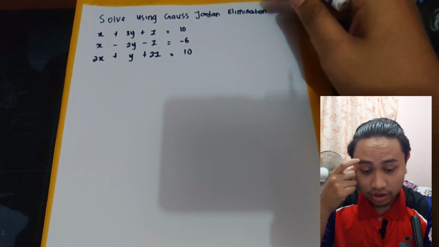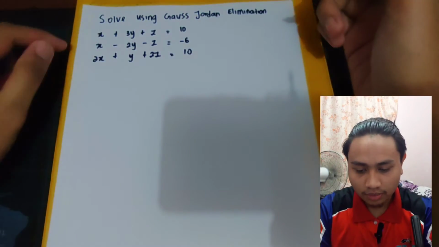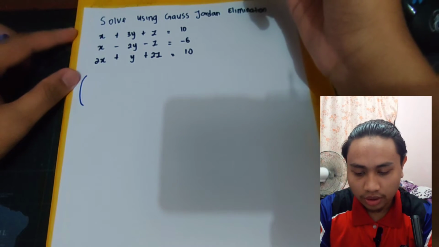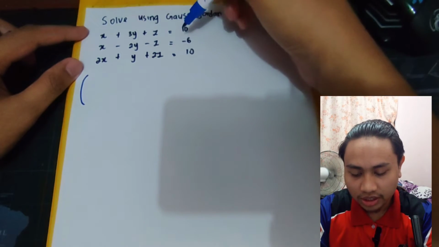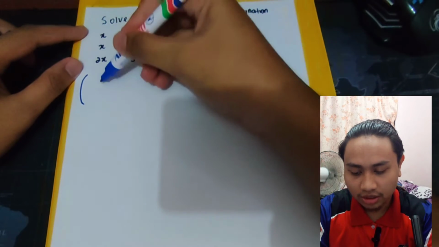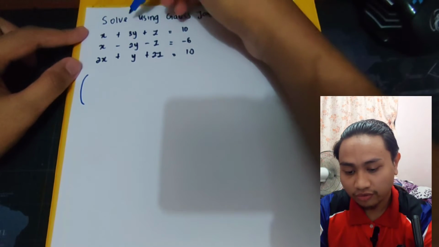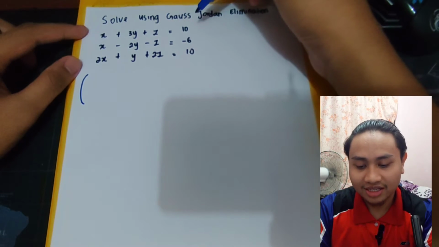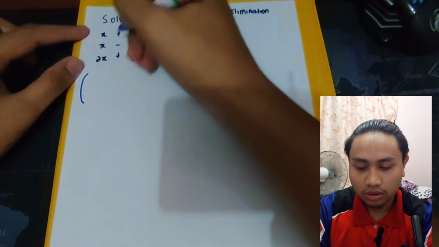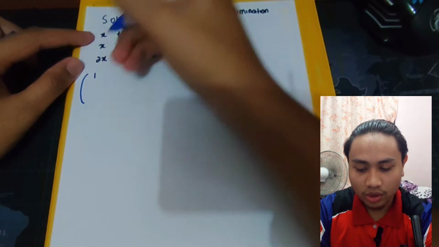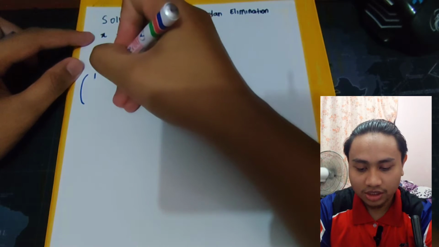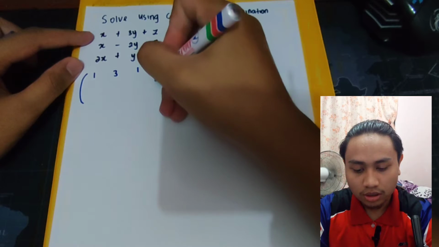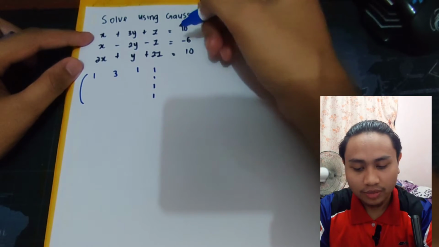the Gauss-Jordan elimination method. First of all, we need to make a bracket, then we put the numbers from the equations inside the bracket. For the first equation, we make it the first row. So x we put as 1, 3y we put as 3, and z 1, and we make a line to separate the answer.